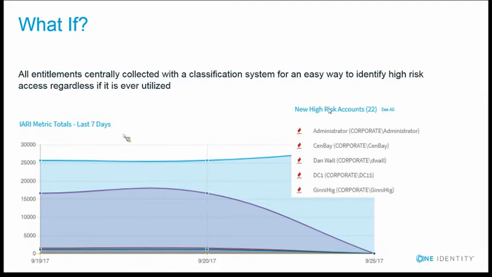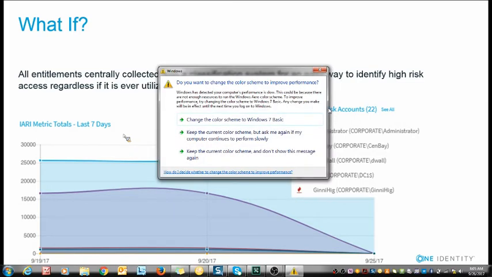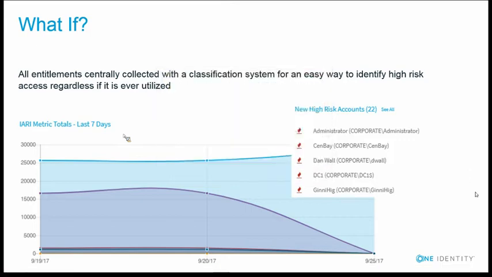This is what the bad guys, the bad actors, are typically after. They want to elevate their access so that they have the rights to do the things that they're trying to do. So what if all entitlements are centrally collected with a classification system in place, and that gives us an easy way to identify high risk? And a key thing here is we can identify that high risk regardless of whether it's ever utilized.